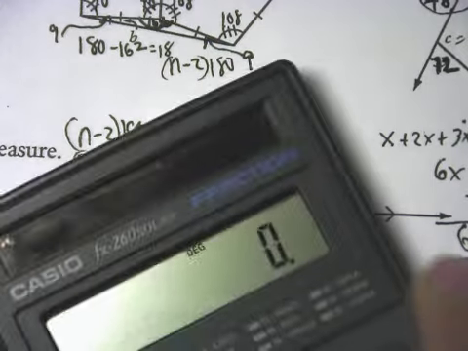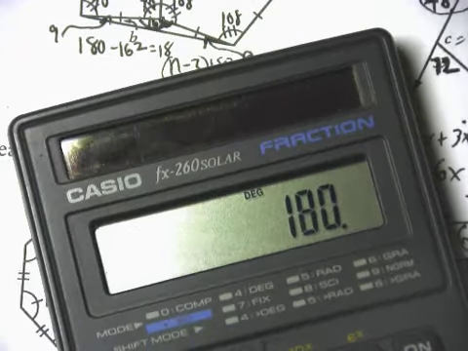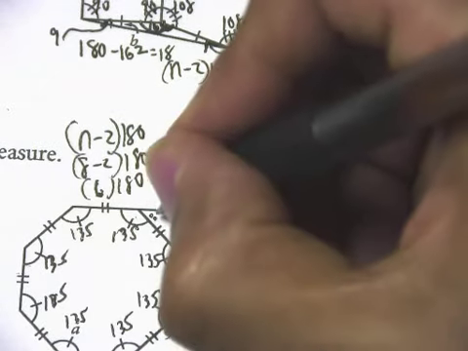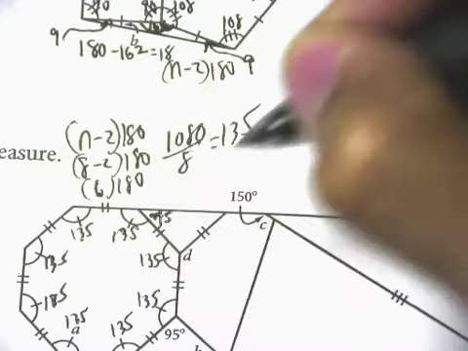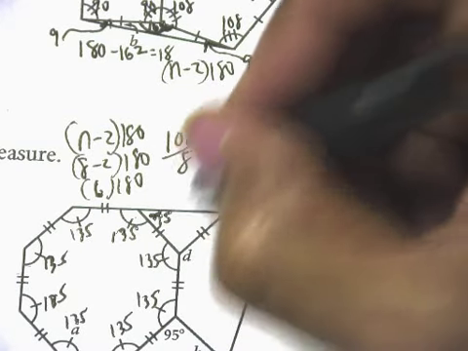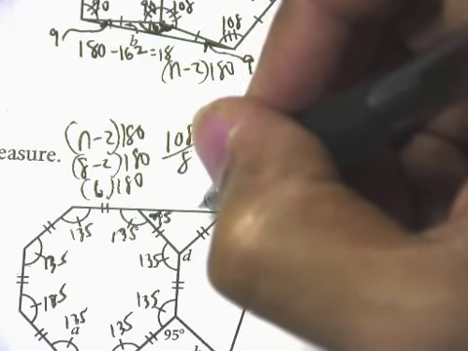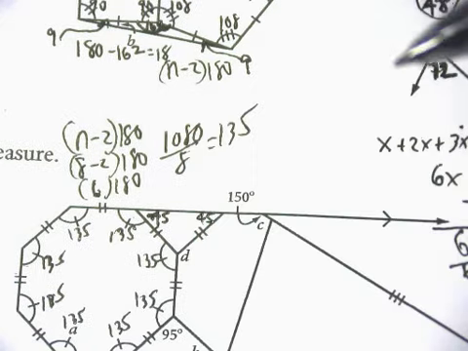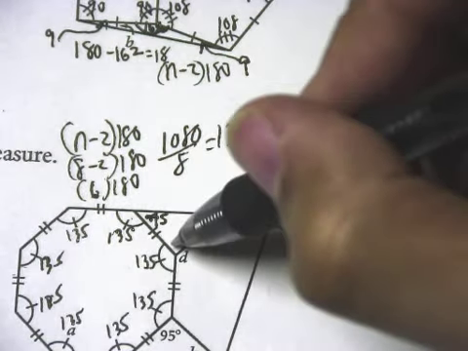Now, here I have an isosceles triangle, which means that these two base angles are congruent. But wait a minute, this is a straight line here, and I know that these two angles are a linear pair. So I can figure out this angle right here by subtracting 180 minus 135.